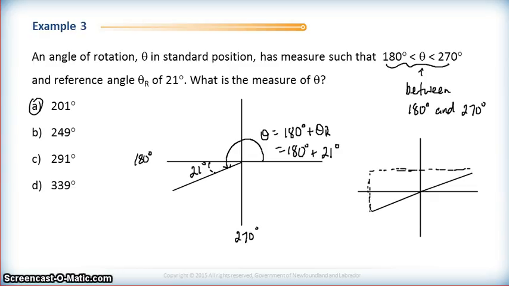So the angle that we're looking for is not the first quadrant angle, it would be this one. And again, we have theta equals 180 plus the reference angle. So either way to visualize that problem is fine.